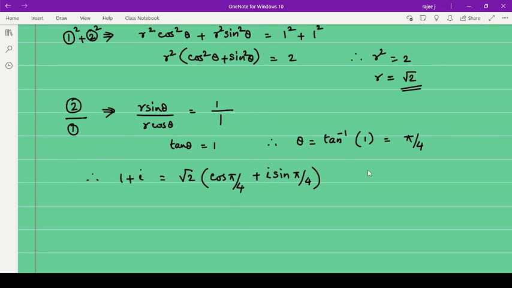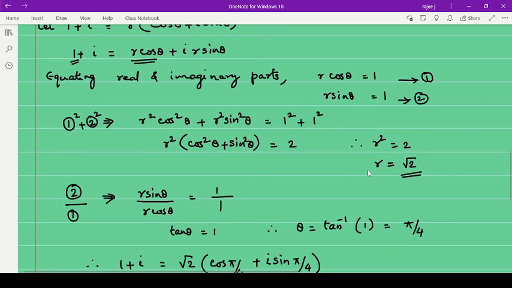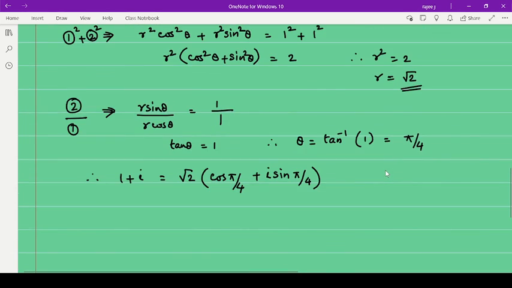Here both r cos theta and r sin theta are positive, so this comes in the first quadrant, so it is pi by 4. This is the modulus amplitude form: you got the modulus, the argument, and the angle.